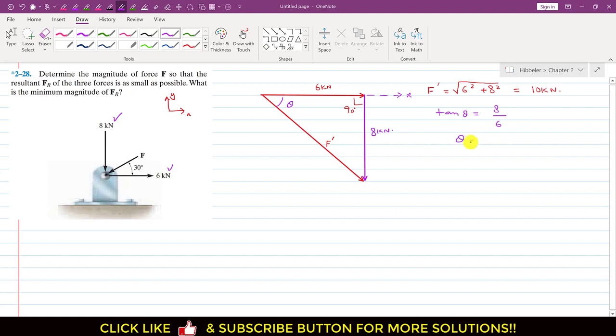So from this, theta equals tan inverse of 8 divided by 6. So theta comes out to be 53.13 degrees, right? So this means that this F dash is making 53.13 degrees with the positive x-axis, right? So this is 53.13 degrees, right?